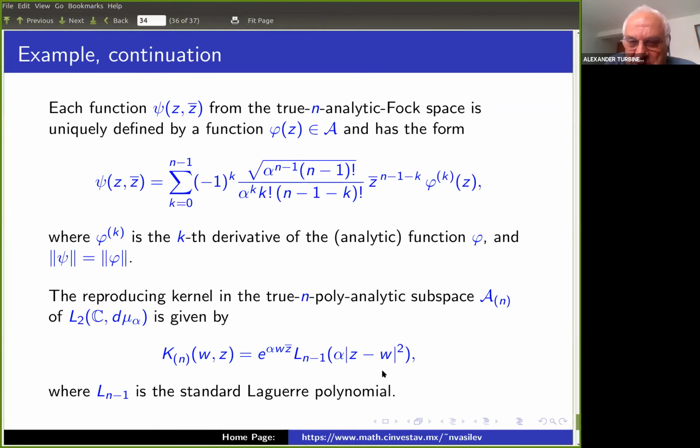And the third question is about what Quiroga mentioned. From the physics point of view, the most important case is polyanalytic functions on C2. So once we have the corresponding Hilbert space with a Gaussian measure, but on C2.